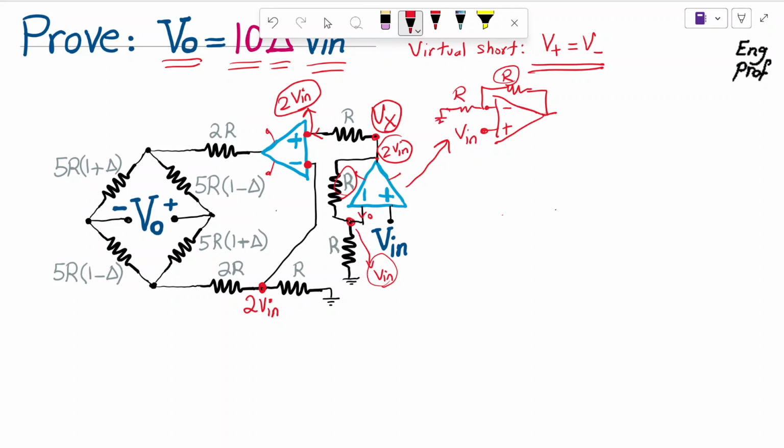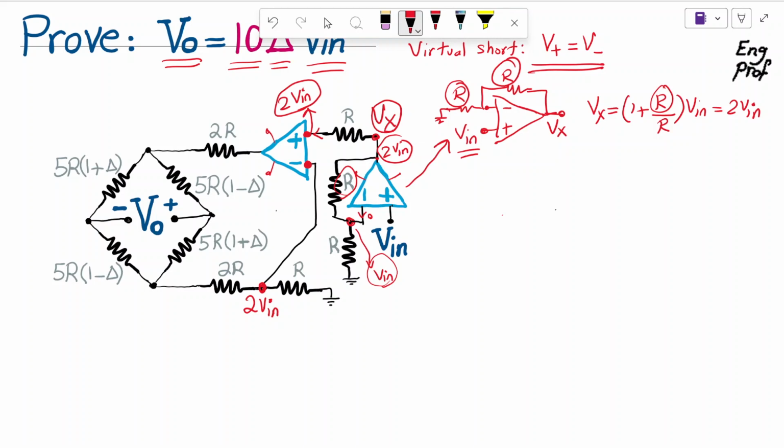For this non-inverting formation, it is well known that Vx is 1 plus the feedback resistor divided by the other resistor, times the Vin applied to the positive input terminal, which means Vx is 2 times Vin, which is exactly what I intuitively said.